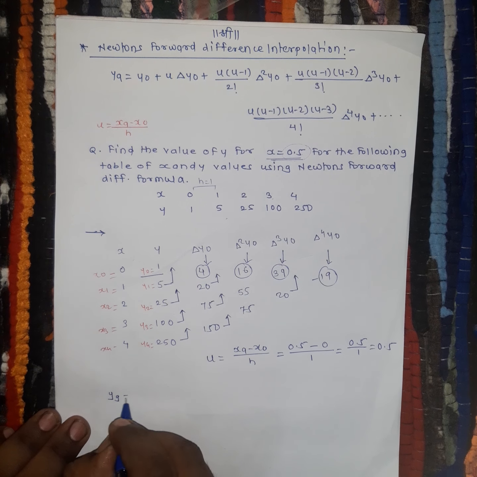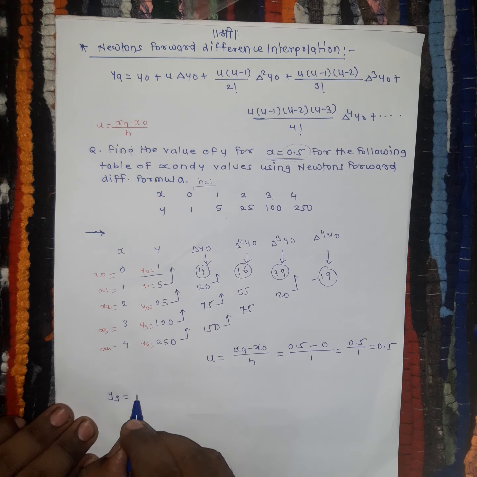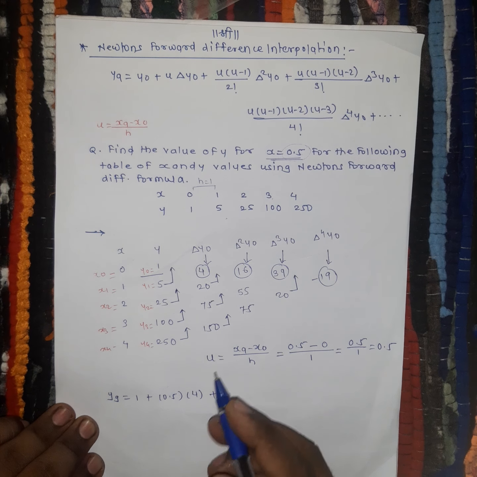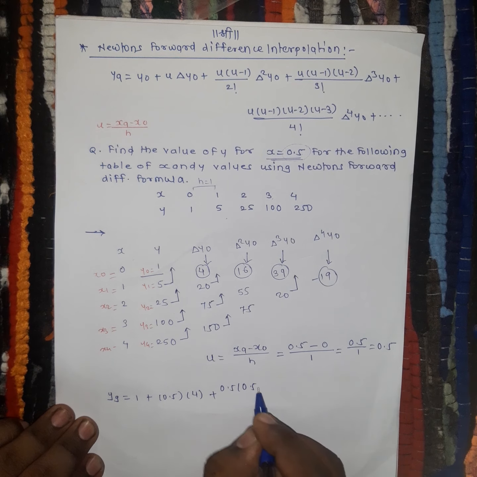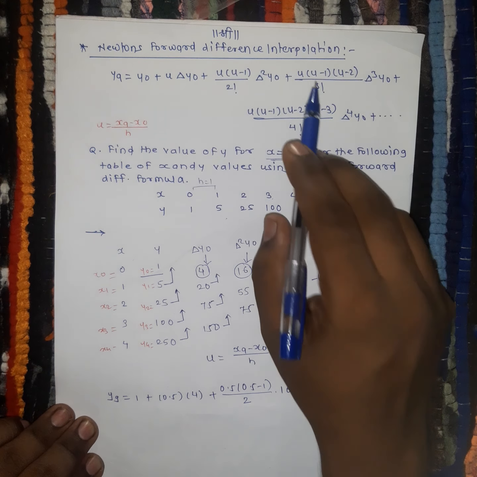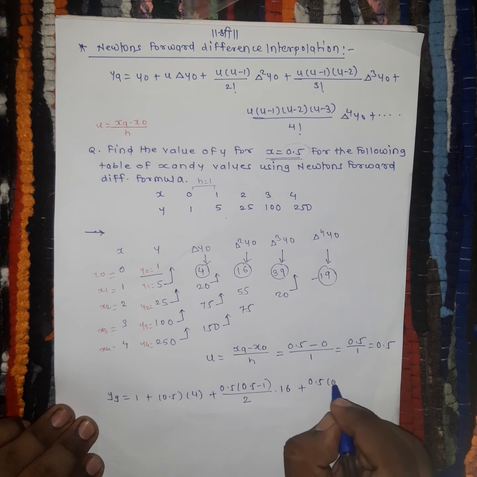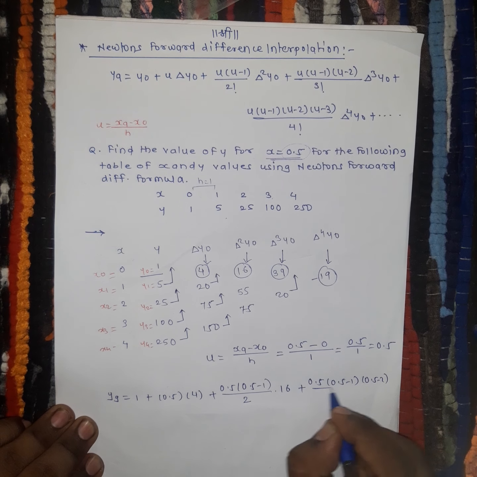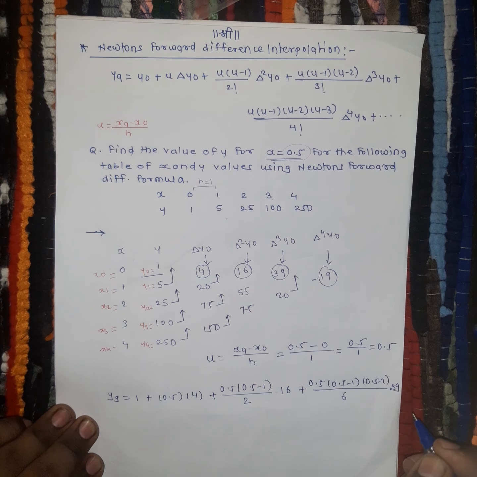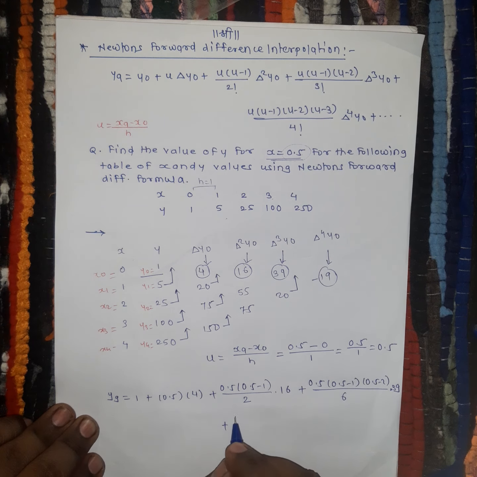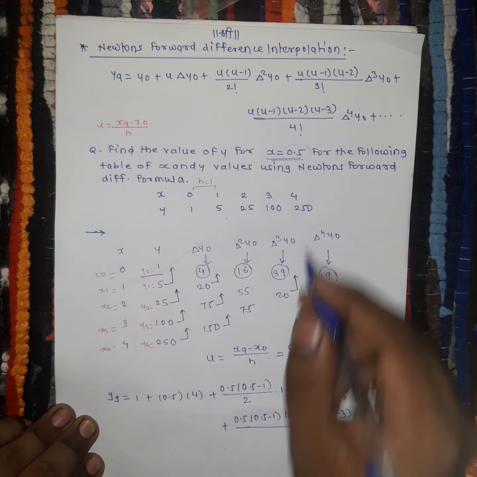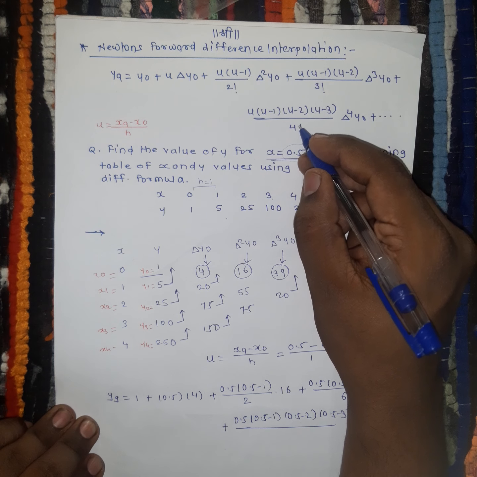So we'll put this value into the formula. It is equal to y naught, which is 1, plus u into delta y naught, that is 0.5 into 4, plus u into u minus 1, that is 0.5 into 0.5 minus 1, upon 2 factorial, which is 2, into delta square y naught, which is 16, plus u into u minus 1 into u minus 2, that is 0.5, 0.5 minus 1, 0.5 minus 2, whole divided by 3 factorial, which is 6, into delta cube y naught, which is 39, plus 0.5, 0.5 minus 1, 0.5 minus 2, 0.5 minus 3, whole divided by 4 factorial. 4 factorial is 4 into 3, 12, 12 into 2, 24.